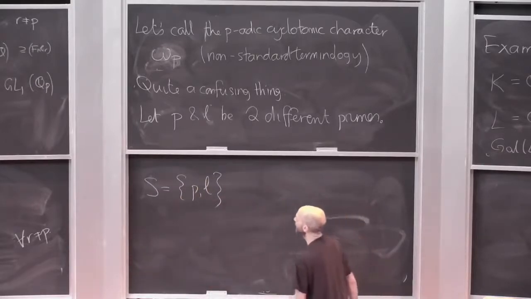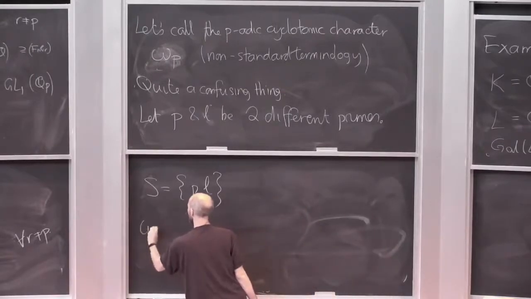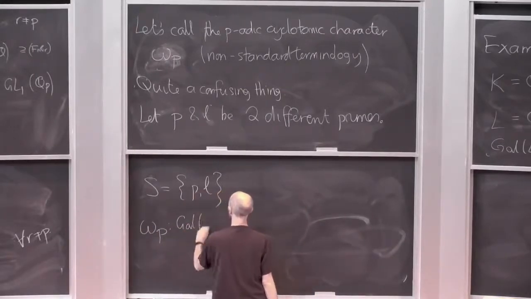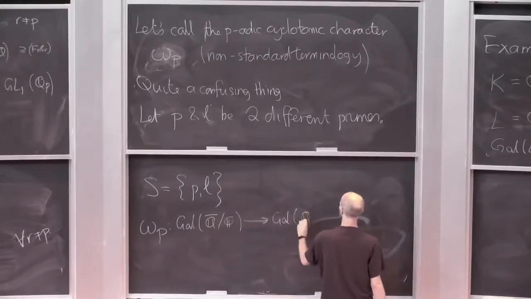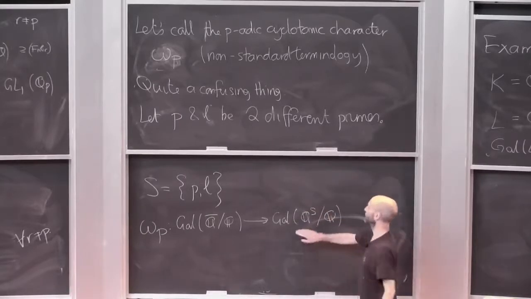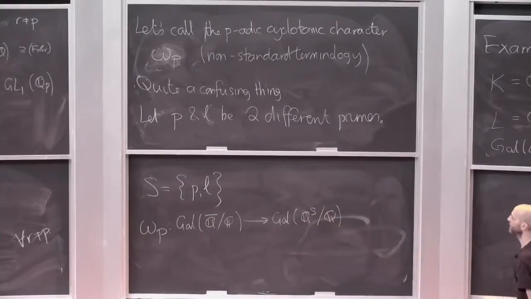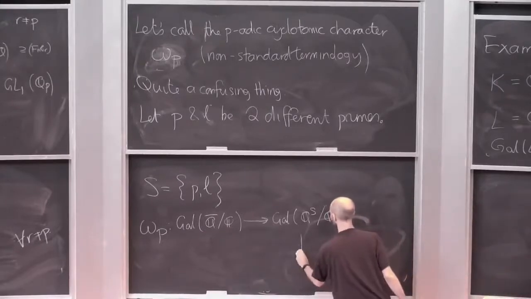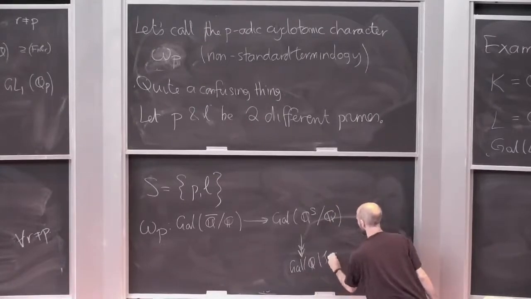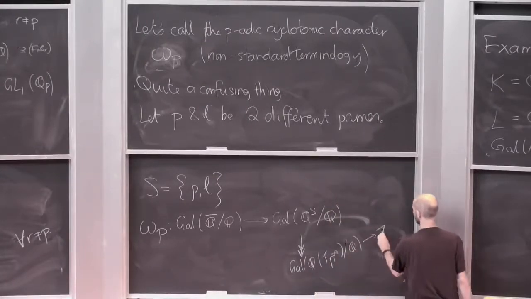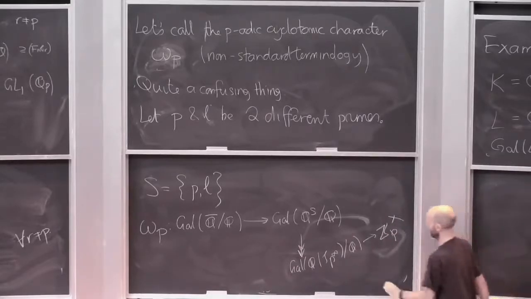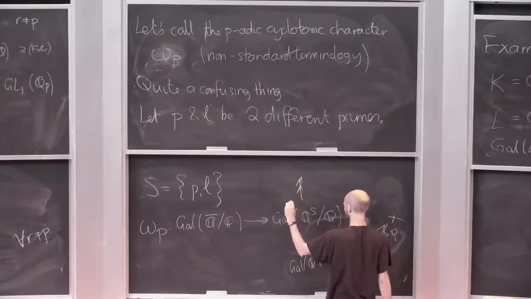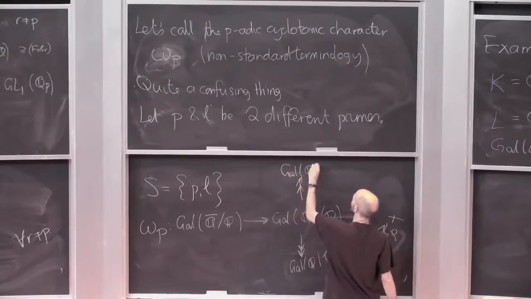Now here's a representation: omega P goes from Gal(Q bar/Q) to Gal(Q_S/Q), the maximal complicated extension unramified outside P and L, and that just surjects onto Gal(Q(zeta_{p^infinity})/Q), which goes to Zp star.